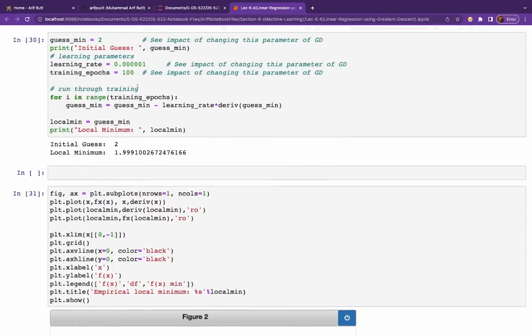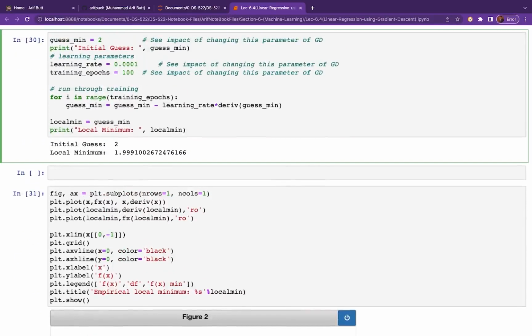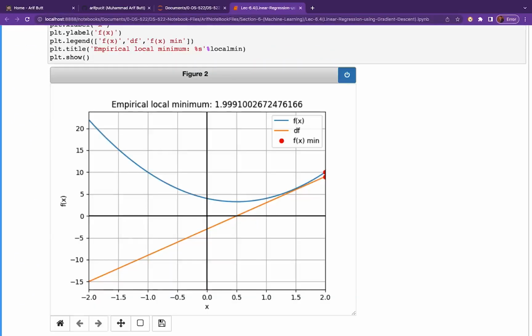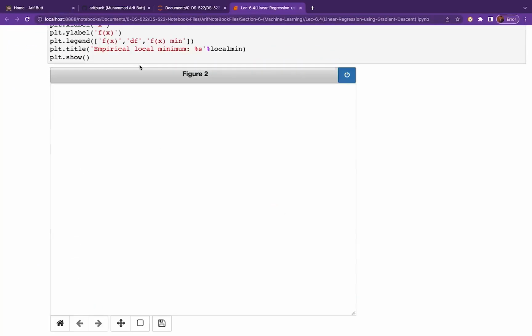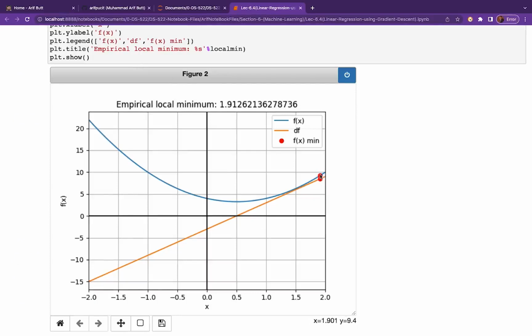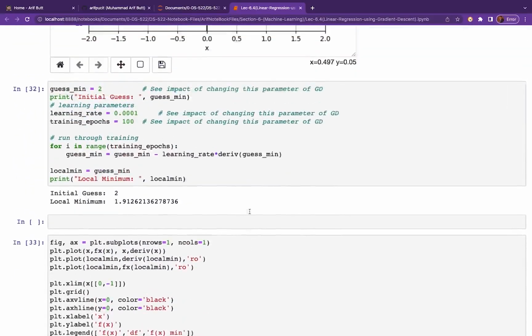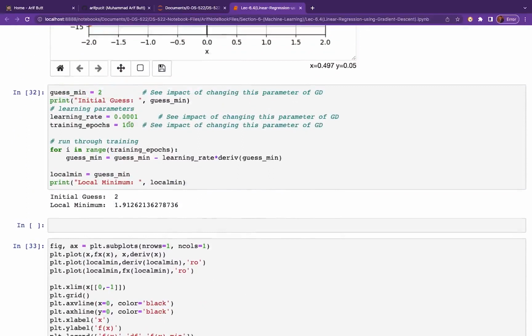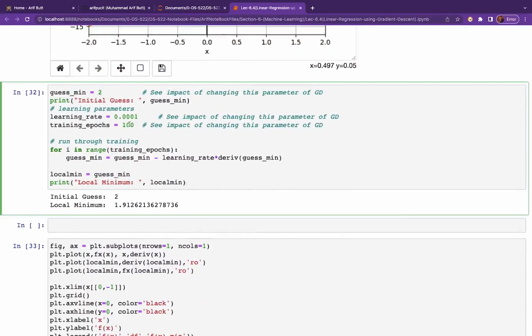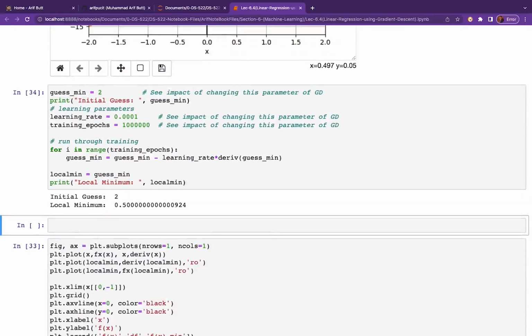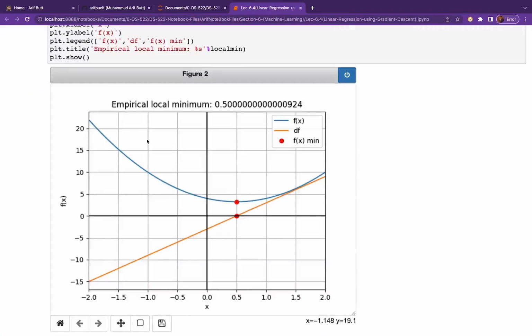It is again at the same place. Let me reduce it to this and do it again. So you see it has moved a little bit, but it has not reached the destination. Okay, so let me now increase the value of the training epochs to, let's suppose, this value. I think now this will be correct.